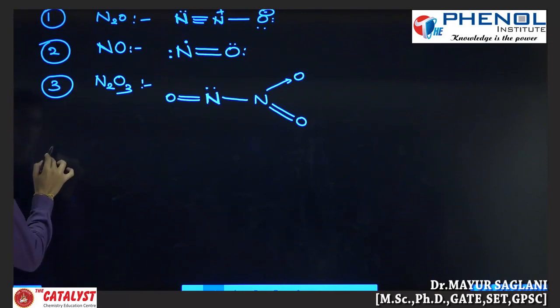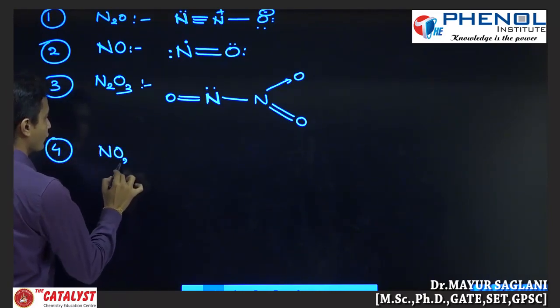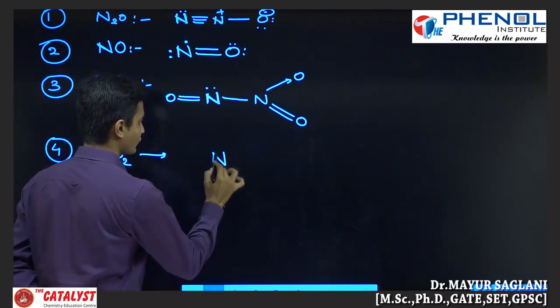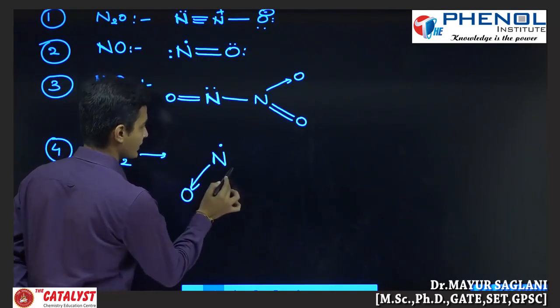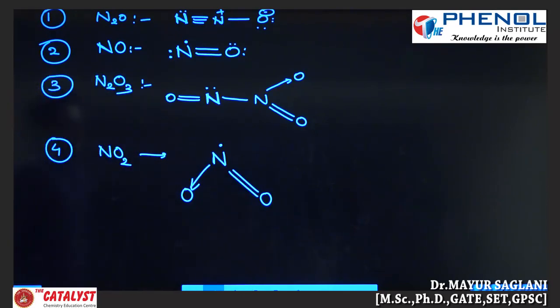Here I am writing the fourth oxide, that is NO2. Same for NO2, nitrogen possesses one extra electron. Here there will be an oxygen and a double bond O. So this one is the structure of NO2.